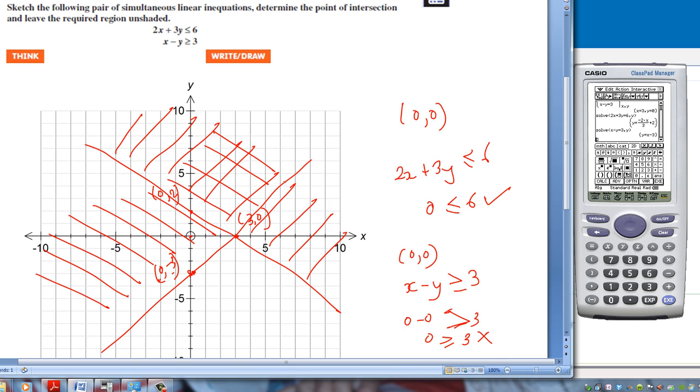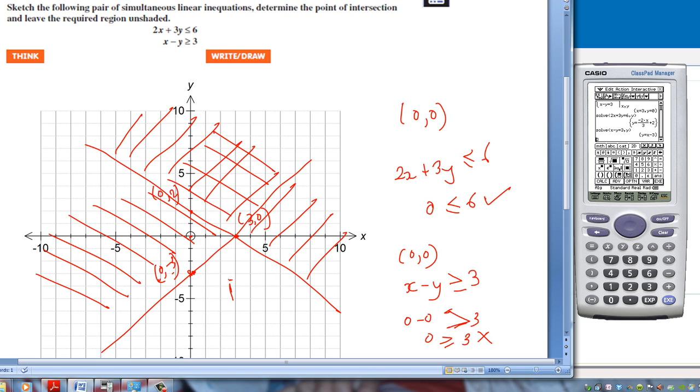Now what we have left is this part here, the only part of the graph that's actually unshaded. This part here is the only part of these two simultaneous linear inequations where the inequalities are true. The rest of it, the inequalities don't hold up. Only in this part are they true.